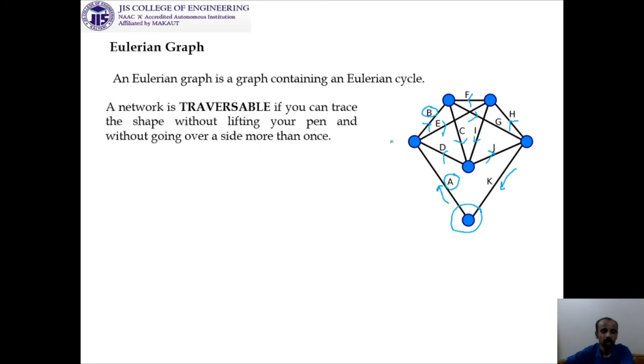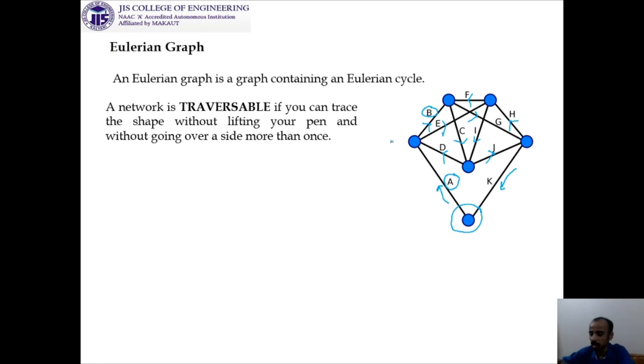So we are now going to learn a new term. A network is traversable if you can trace the shape without lifting your pen and without going over a side more than once. Actually, this will remind you of a very basic game that you have played with your friends in your school life.